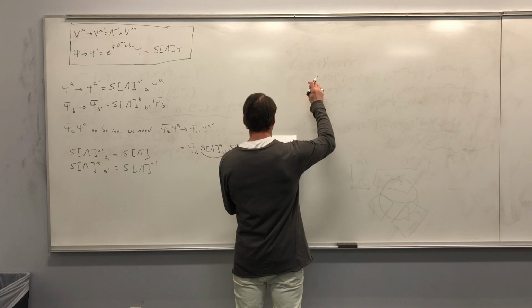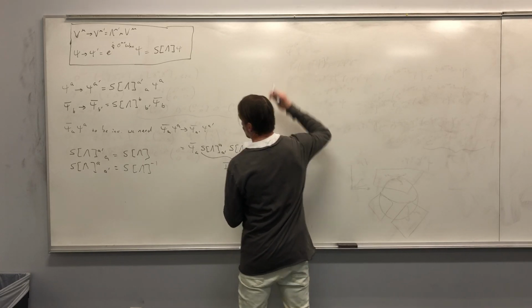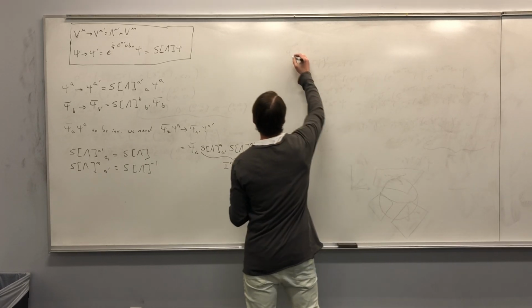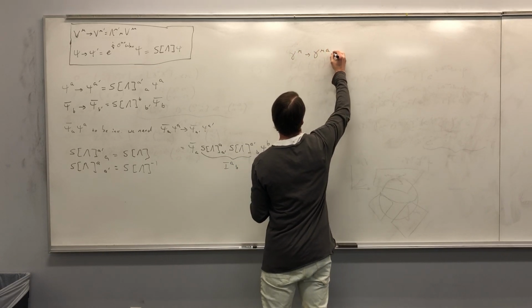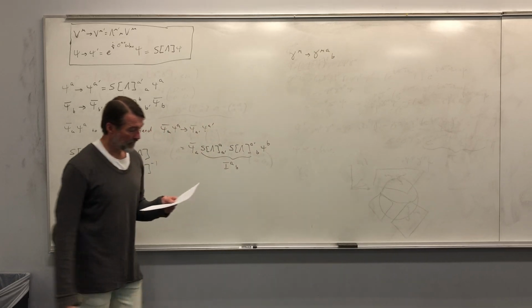All right. So first of all, with these spinor indices, gamma mu becomes gamma mu A B, okay?